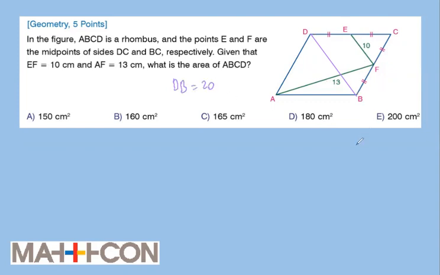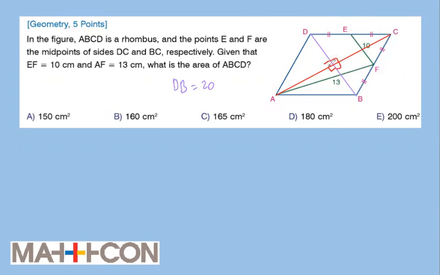Let's keep this in mind. The next thing I'm going to do is connect this vertex to the other vertex so I can get another diagonal. Since we have a rhombus, DC and CB are equal, which makes this 90 degrees because we have an isosceles triangle for this part.